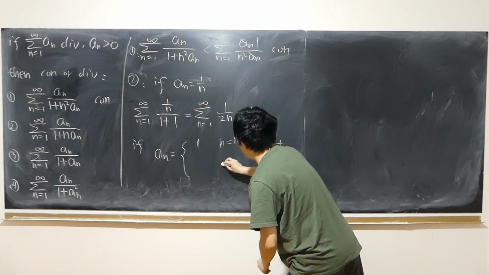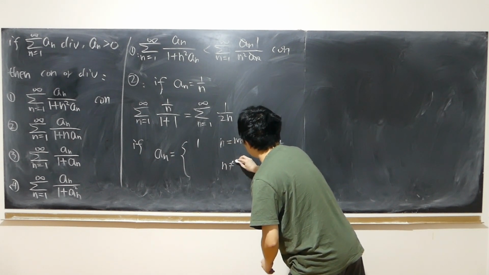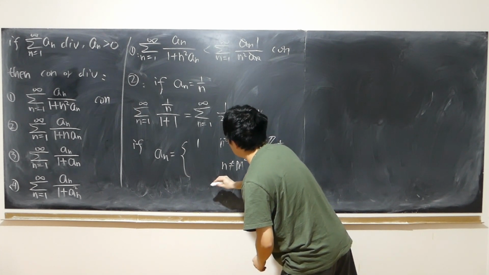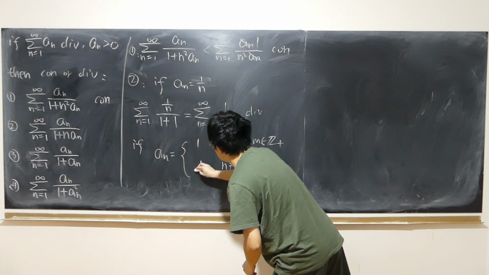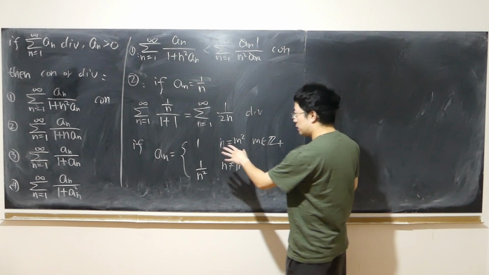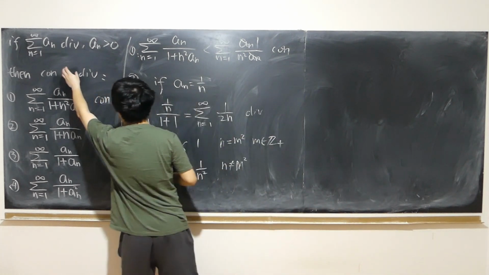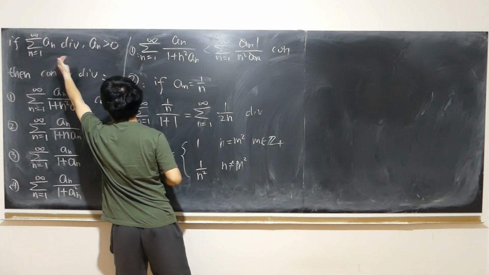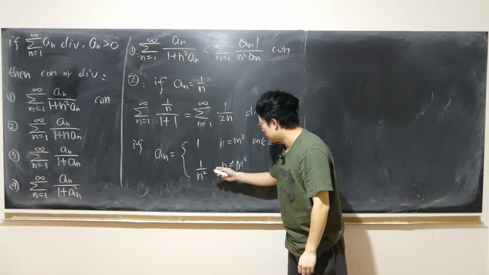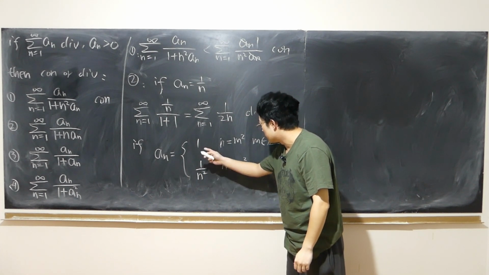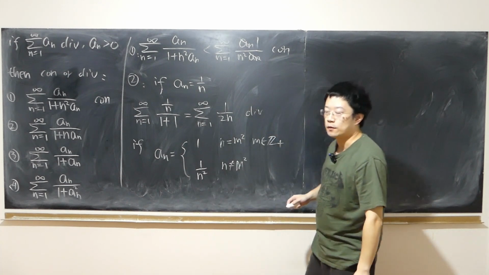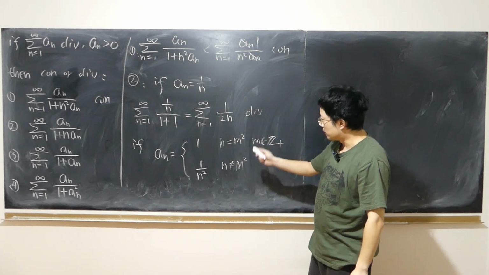If n is otherwise not a perfect square, then we define it to be 1 over n squared. That way, it still satisfies this condition, so the series of a_n is still divergent. This bit sums up to be divergent, so the whole series still goes to positive infinity and is divergent.